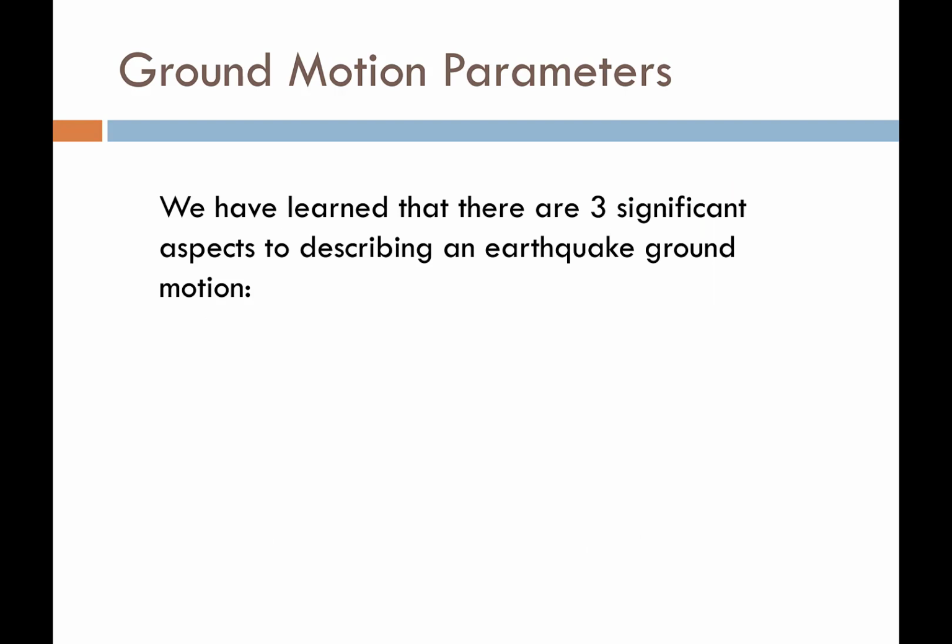This leads us to the topic of ground motion parameters, which are often called GMPs. A ground motion parameter is a metric to quantify or describe a ground motion numerically. We've learned, or if you take my class, you will learn that there are three contributing components that we have to consider if we want to describe an earthquake ground motion.